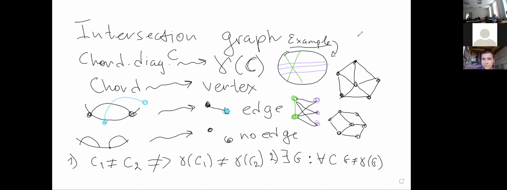And if we take a wheel on 8 vertices, this graph here, I hope this is also not an intersection graph of any chord diagram, but this example is most interesting for us today.